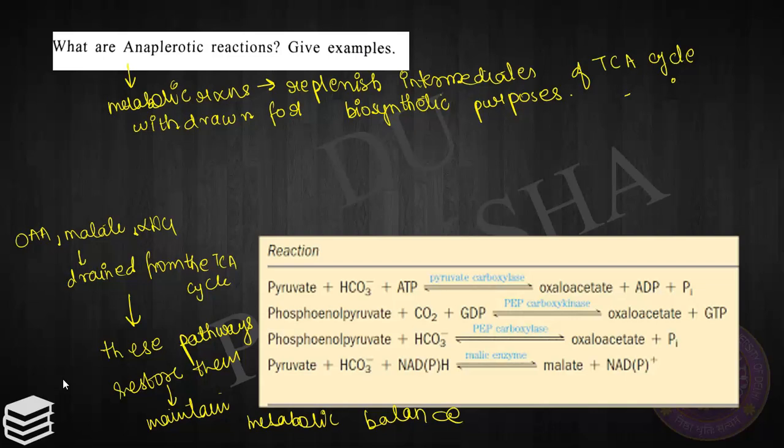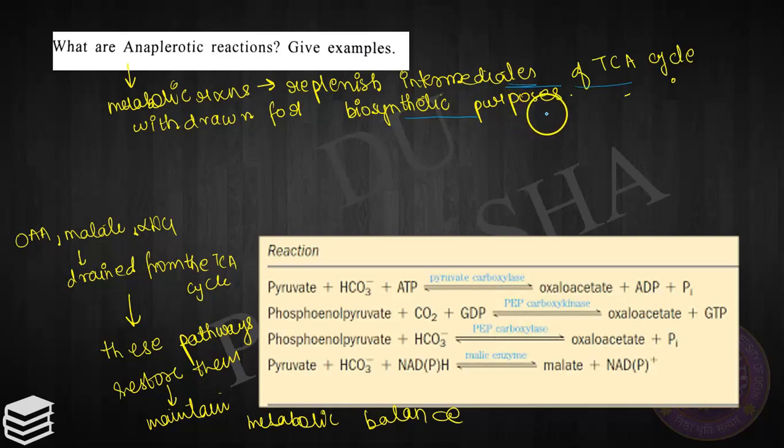What are anaplerotic reactions and give examples. These are the reactions or metabolic reactions जो replenish करते हैं intermediates of the TCA cycle that are withdrawn for various biosynthetic purposes.